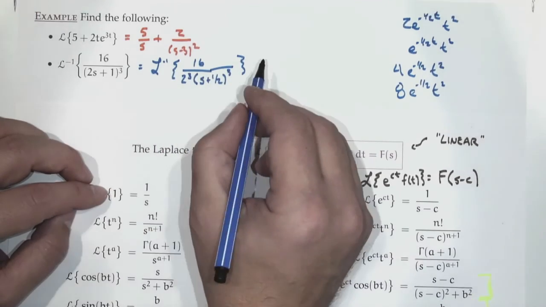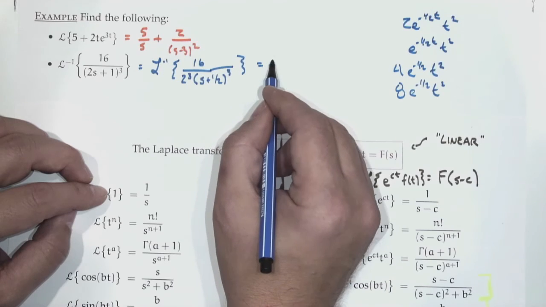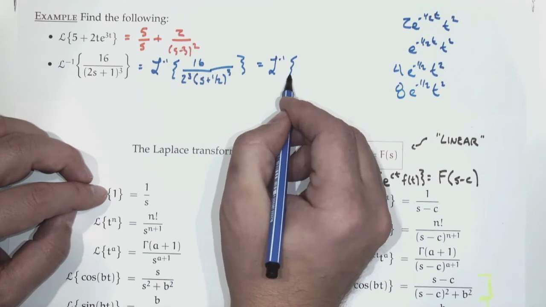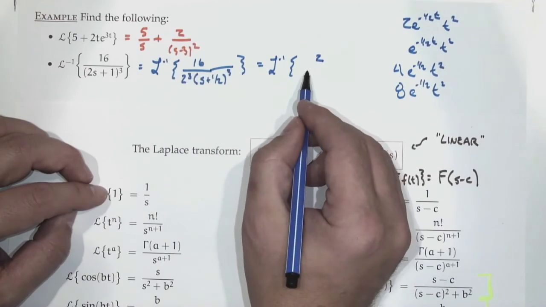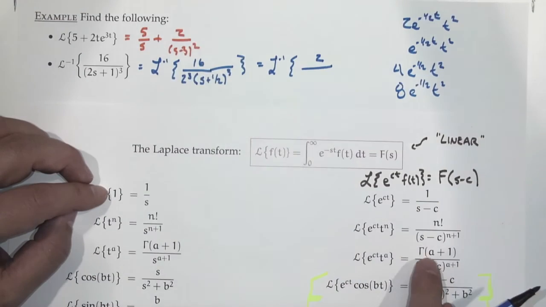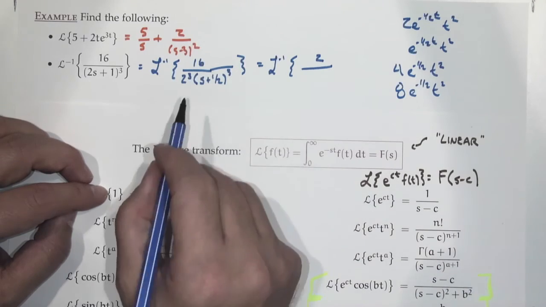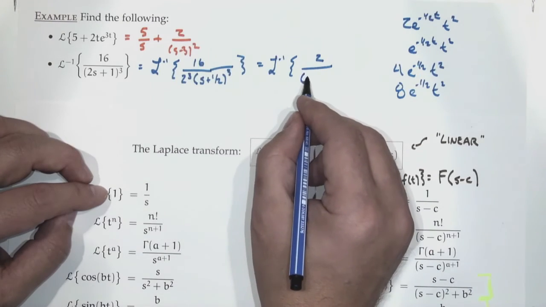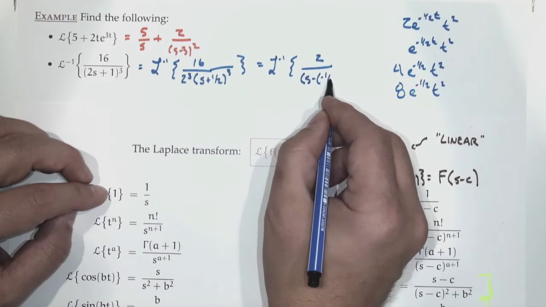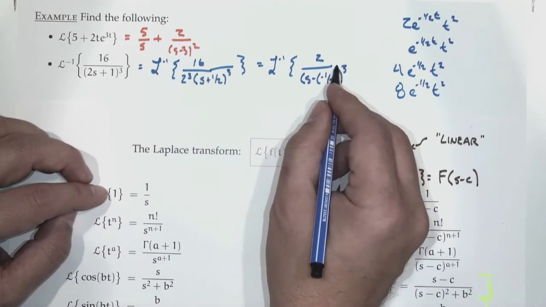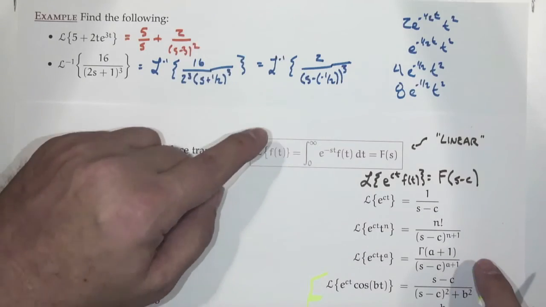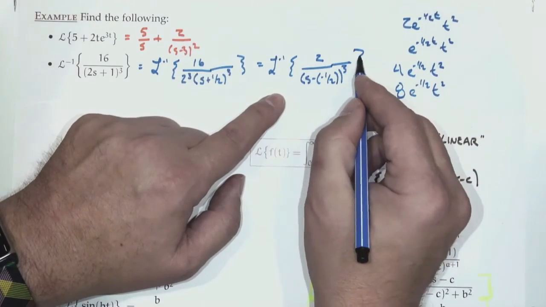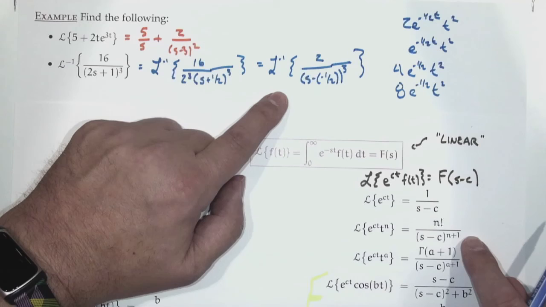Okay, so we're now up to the following. We have our 2, because 16 over 8 is 2. Now we're really close here. We can write (s minus a negative half) cubed. Now the question is, are we now matching? Exactly.